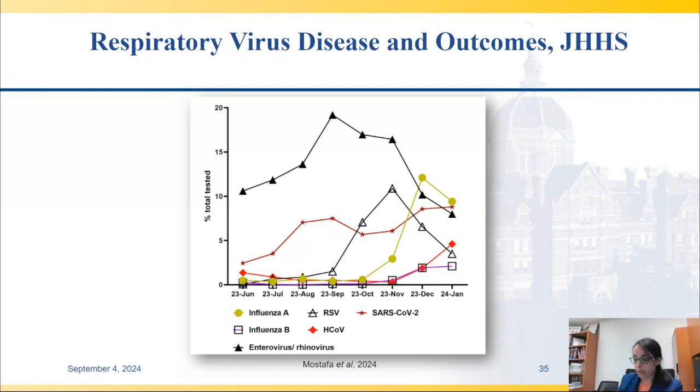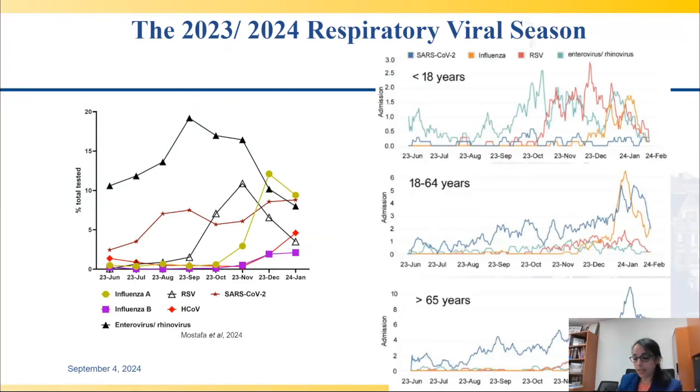We were concerned about the emergence of novel SARS-CoV-2 variants, particularly JN.2, and we thought that this was a significant factor contributing to the rise of COVID-19 cases at that time. But when we analyzed the data to look specifically at clinical outcomes, we saw that in our system, admissions in the age groups younger than 18 were primarily associated with enterovirus and RSV.